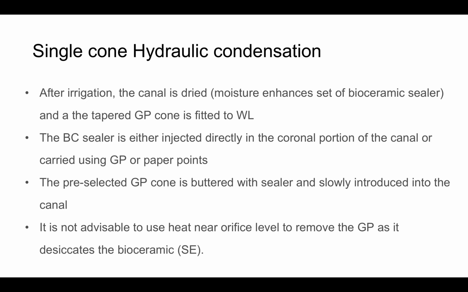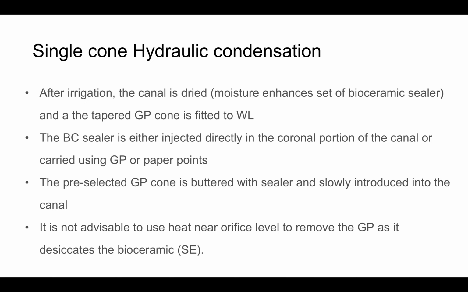Or you can use a gutta percha cone or a paper point to apply the bioceramic sealer inside the canal. The pre-selected gutta percha cone is buttered with sealer as well, and then slowly introduced into the canal all the way to the working length, retracted, and then seated once again to create that hydraulic pressure on the sealer to cover all irregularities of the canal.